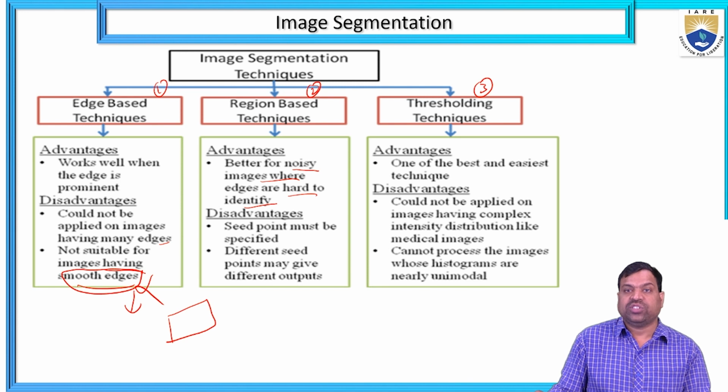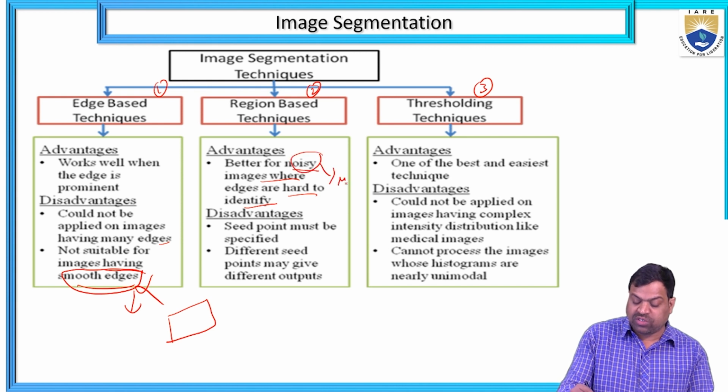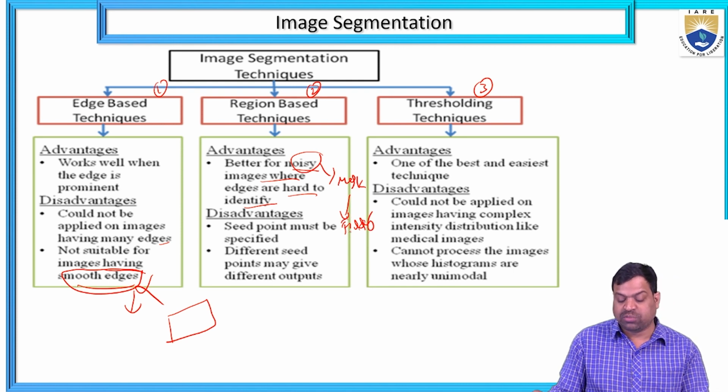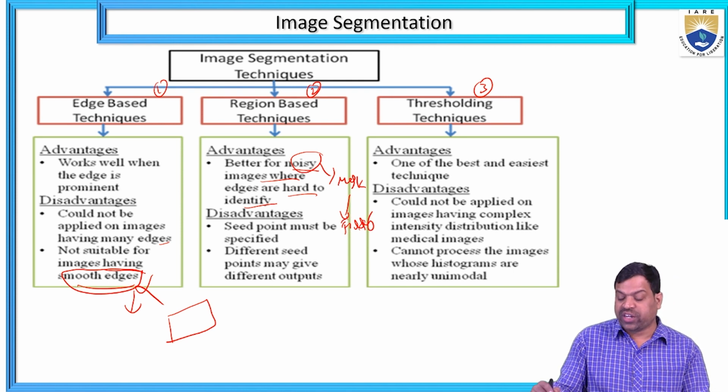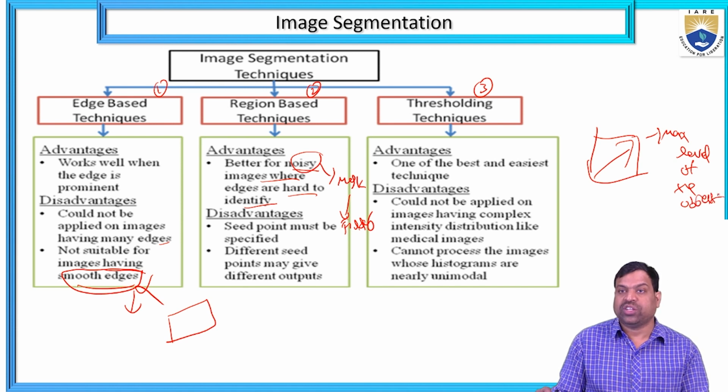And the region-based technique is better for noisy images where edges are harder to identify. When noise is there, we use a mask or filter to reduce the noise. That is the region-based technique. And the thresholding technique uses the highest peak value, the maximum level of the object, which we find out with thresholding.